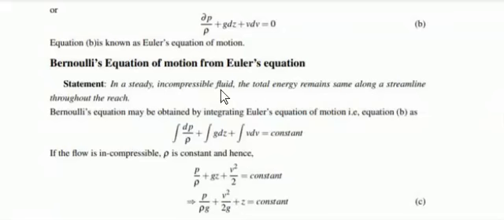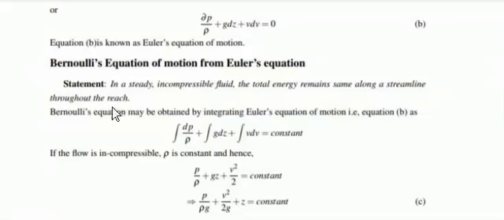That is the statement of the Bernoulli's equation. Whatever the forces at the entry of the element and at the exit of the element, both are equal, that is the same throughout the range.